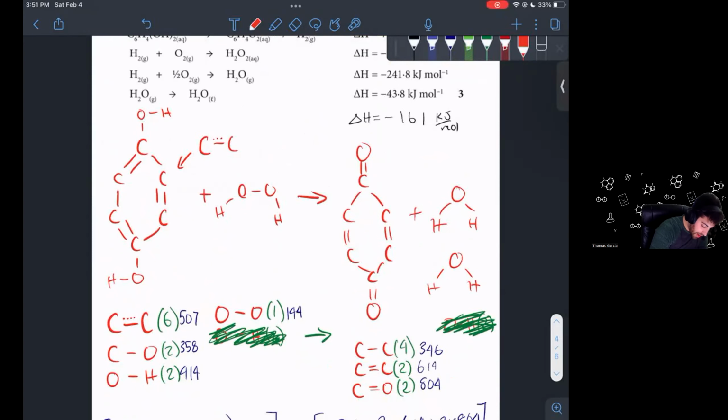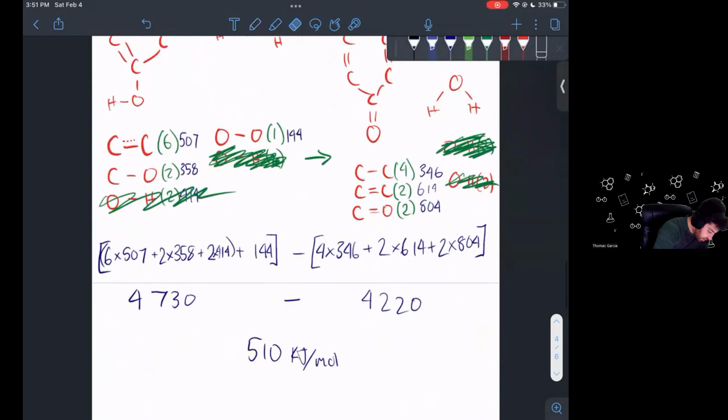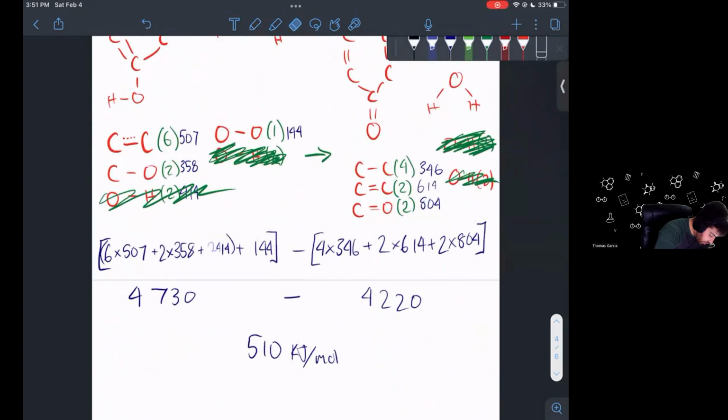So in our original math, we didn't just have one set of OHs, we had OH2 again. So what we should have done is cross that out, and now we can take out from our equation this 2 times 414. That isn't even there. So I'm going to go ahead and actually redo my math and see what happens.